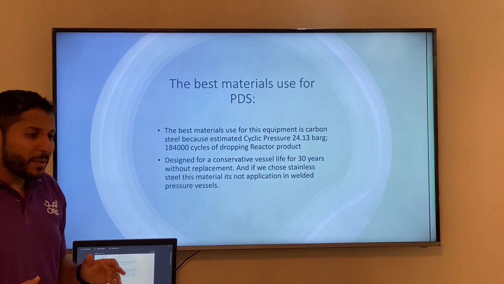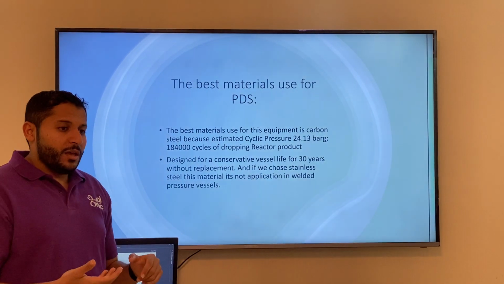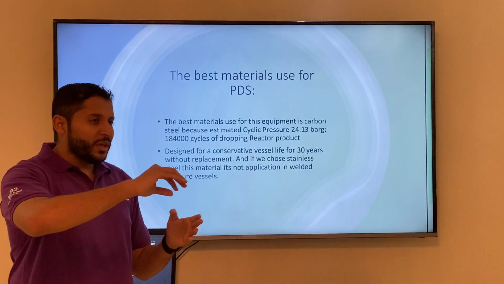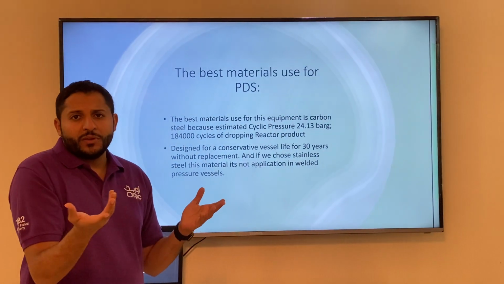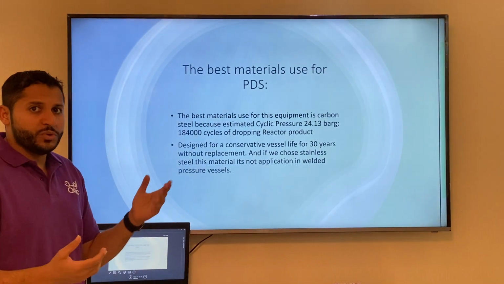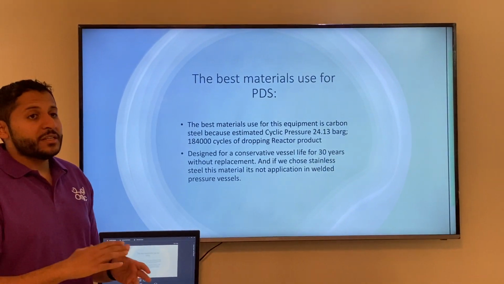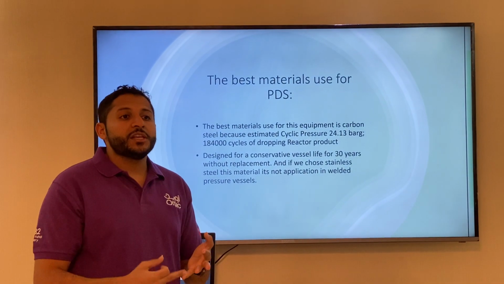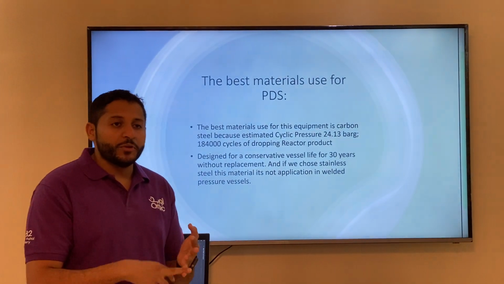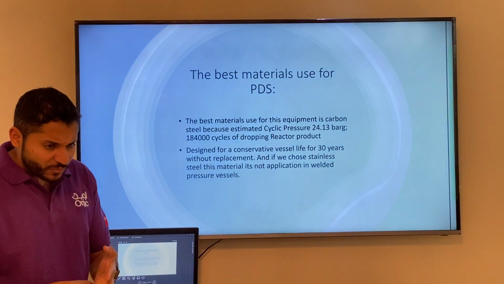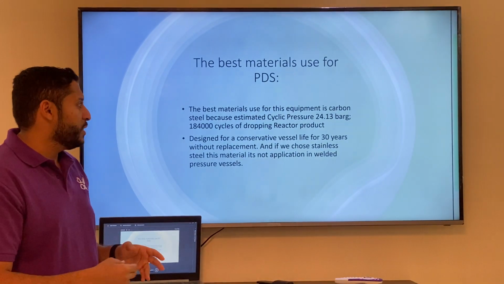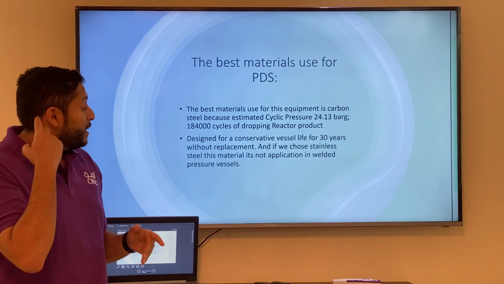Okay, maybe somebody will say, okay, with all these properties we can use stainless steel. Why do I use carbon steel? Yes, exactly, because stainless steel has high resistance to temperature, high resistance to corrosion, and also to pressure.